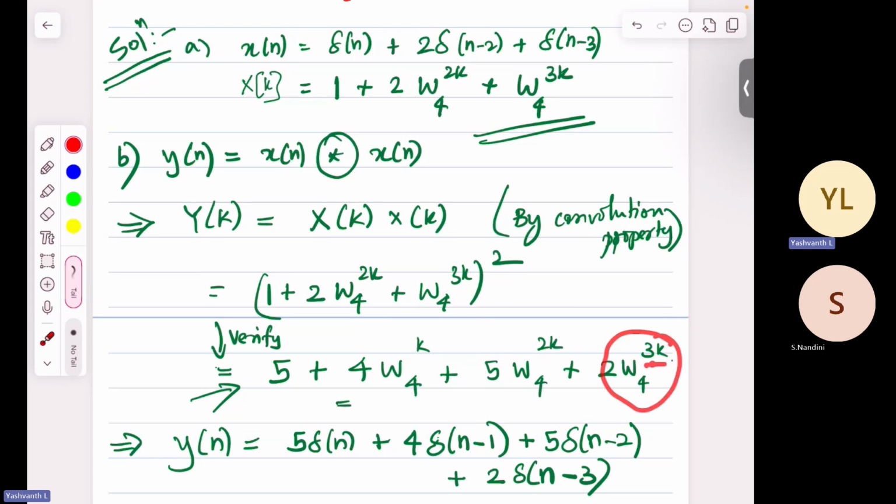Similarly, when you have w4 power 3k, you are delaying by a factor of 3. Therefore, the IDFT of the last term is 2 into delta of n minus 3. That's all. So your inverse DFT of y of k is given by 5 into delta of n plus 4 into delta of n minus 1 plus 5 into delta of n minus 2 plus 2 into delta of n minus 3. Is it clear?